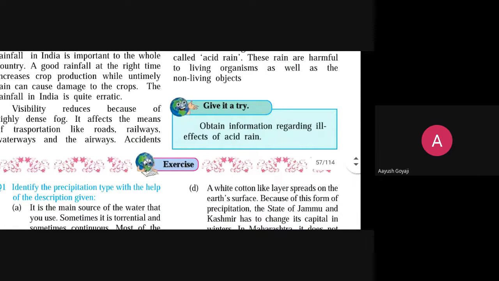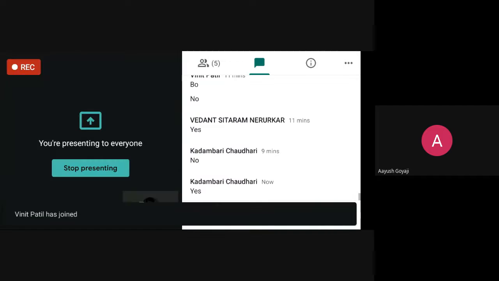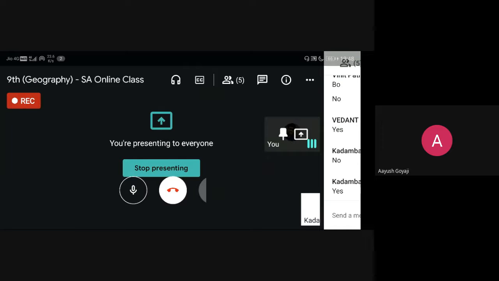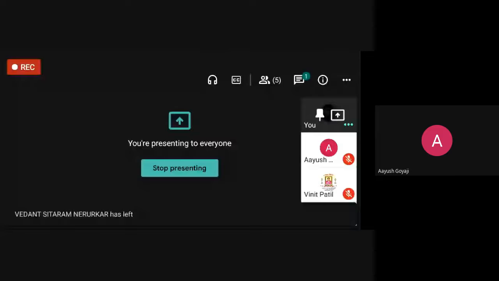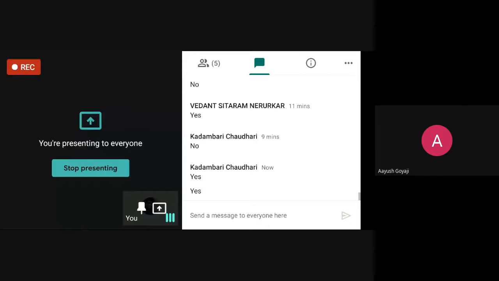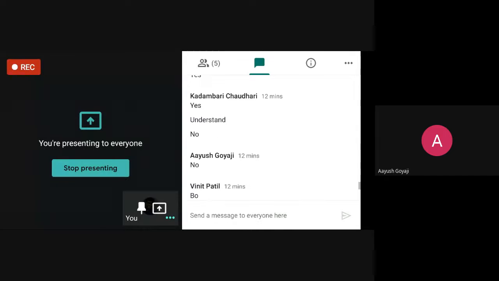Here is the exercise for you people. So I hope you have understood this whole lesson, guys. And in that, anybody having any issue? Kadambari, Vineet, Ayush, Vedant.